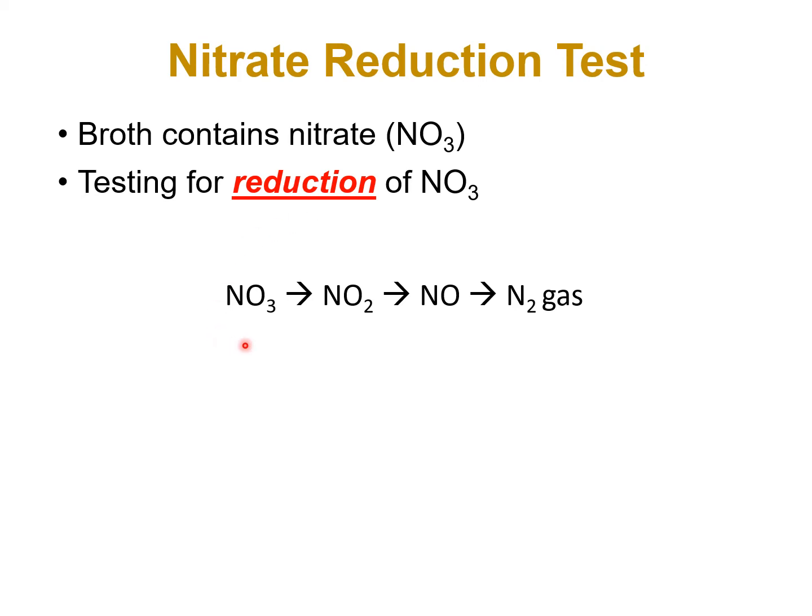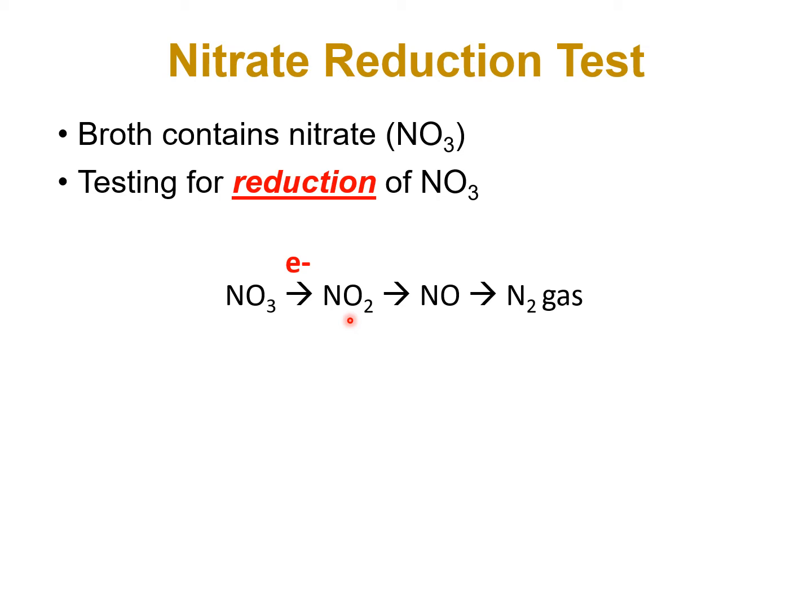So this is how nitrate looks, the compound. NO3 is nitrate. If nitrate is being reduced and it does accept and gain electrons, this is what happens: it turns into nitrite.